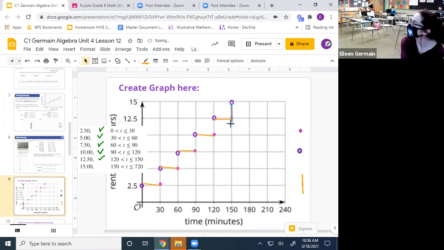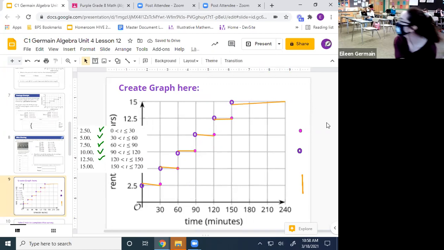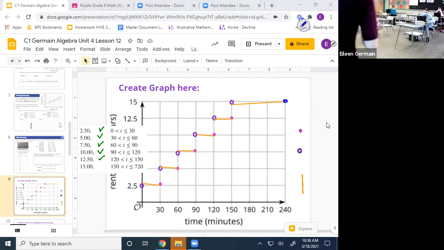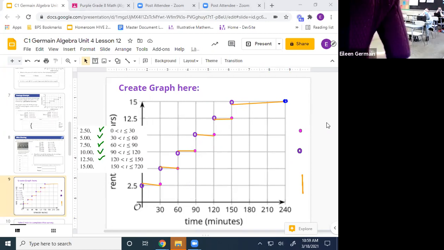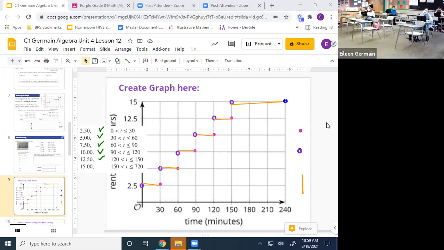The endpoint wouldn't be on this segment of the graph, so you're not going to be able to put an endpoint on there. If you did put it on there, you need to take it off because that's not the end of the interval. You only put the dot on the end of the interval. Because 720 doesn't fall on this graph, you're not going to put a dot on it.